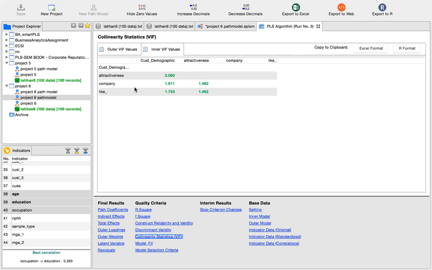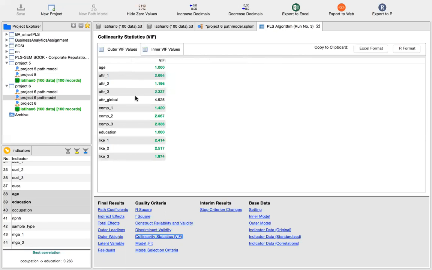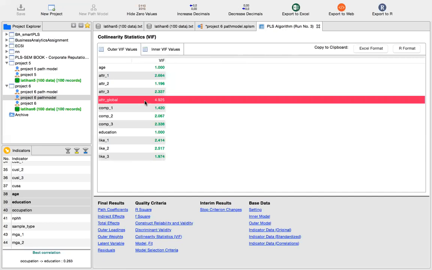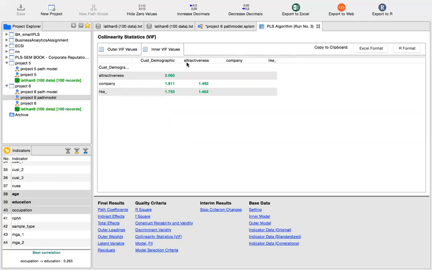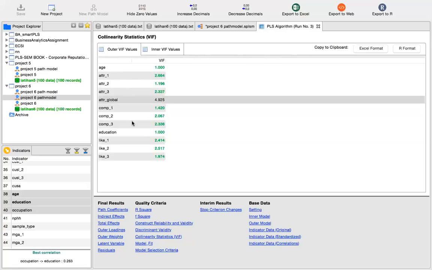If it is higher than 5, it indicates a critical collinearity issue among the indicators. In this exercise, all the values are between 1 to 3 except for this one. But besides that, everything is between 1 to 3. So it means that it has good relation, both in the inner and outer.